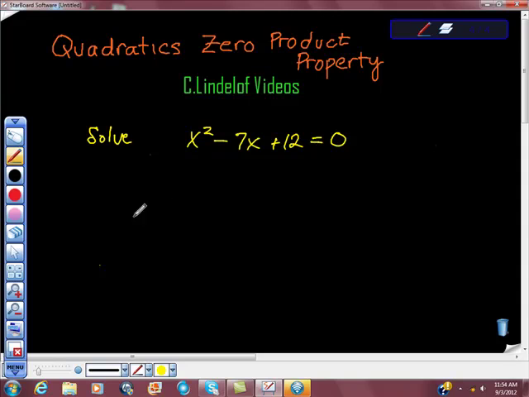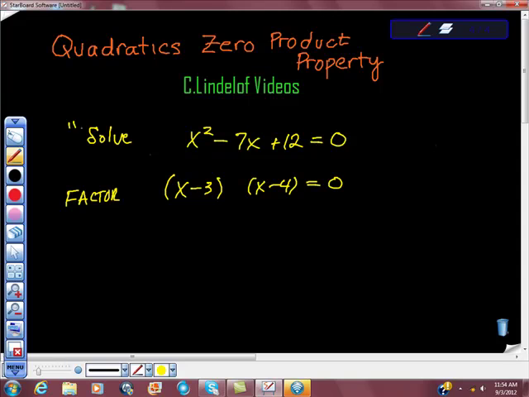So the first thing we do is factor, and our factors are x minus 3 and x minus 4. Hopefully you can see how I got that. Negative 3 times negative 4 is positive 12. Negative 3 plus negative 4 is negative 7. So that was my factoring process.